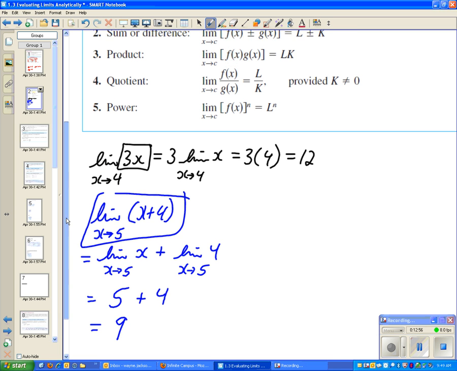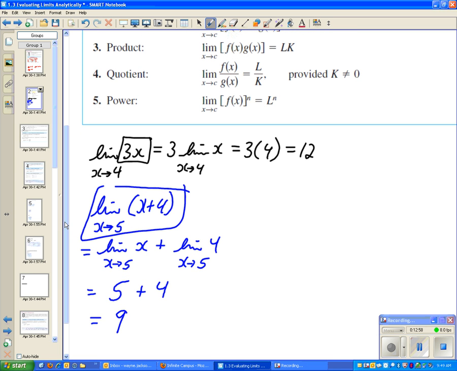All right, our third one, the product. If we're finding the limit of two functions multiplied together, find each of their limits and multiply them together. So for instance, if I had the limit of, well, let's make it easy, x times x, because I know how to find both of those, don't I?